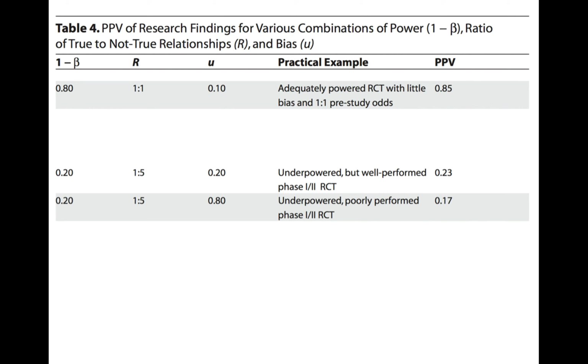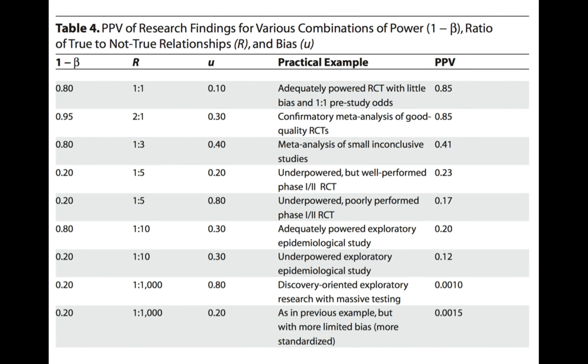Then they do the same thing, but the bias is stronger, and now you can see that the PPV drops. So the takeaway from this is that PPV is a useful calculation, but we have to take into account this bias because it does have an impact on the positive predictive value.